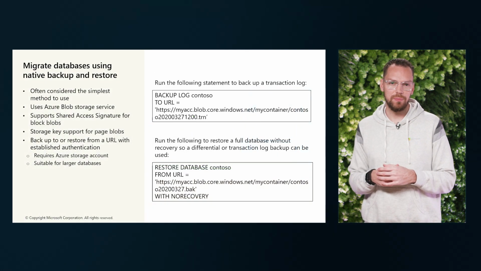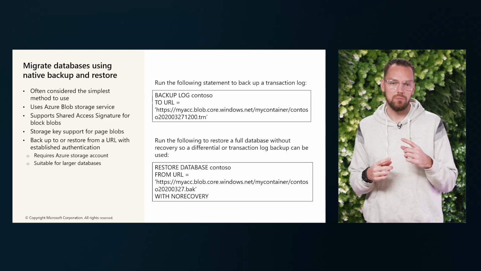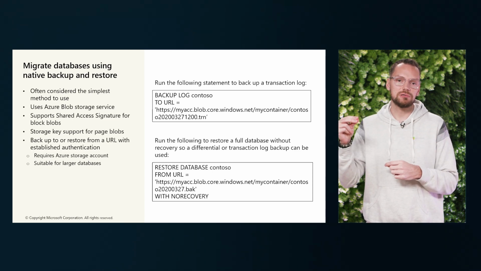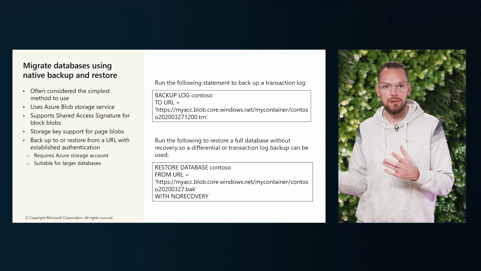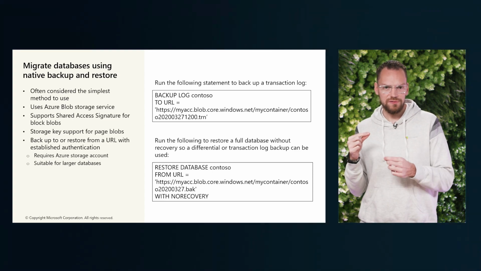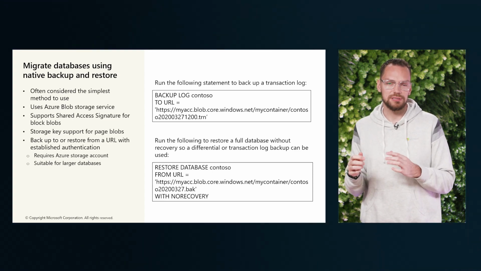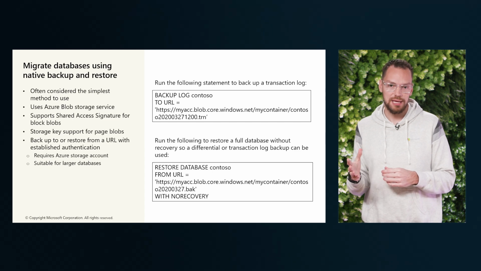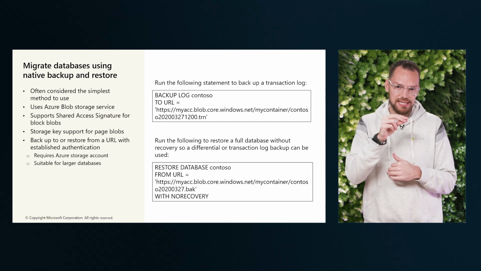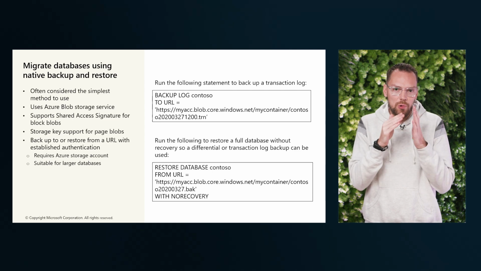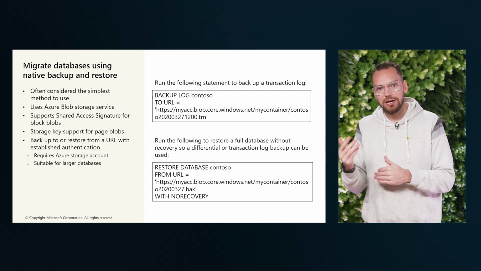Could we just take a backup from our databases, move that backup to Azure, and then just restore it from there? Well, yes, it's often the most straightforward approach, especially for larger databases. This method leverages Azure Blob Storage, which is designed for scalability and reliability.